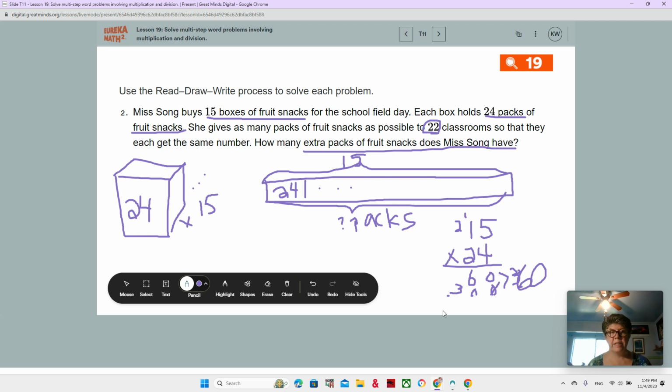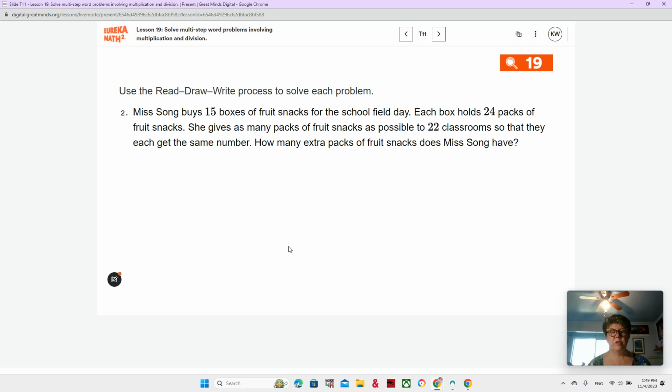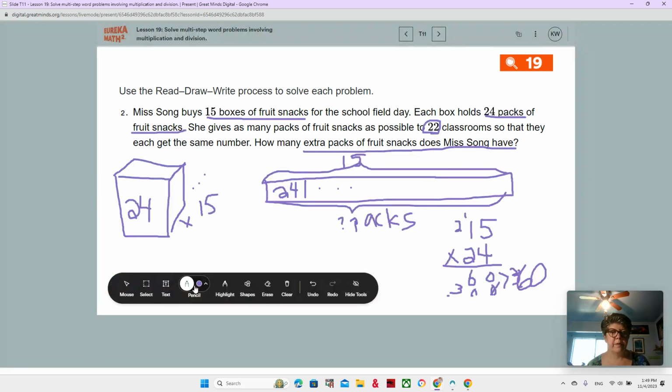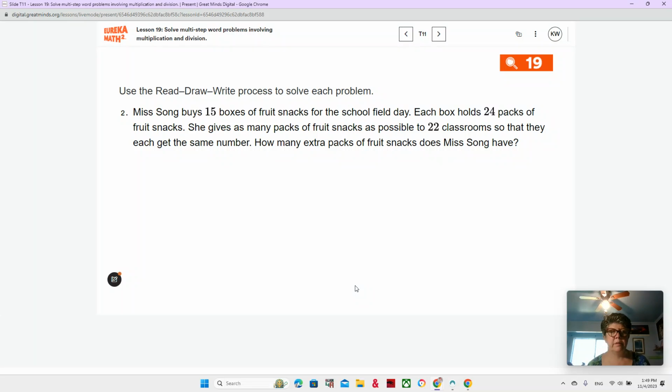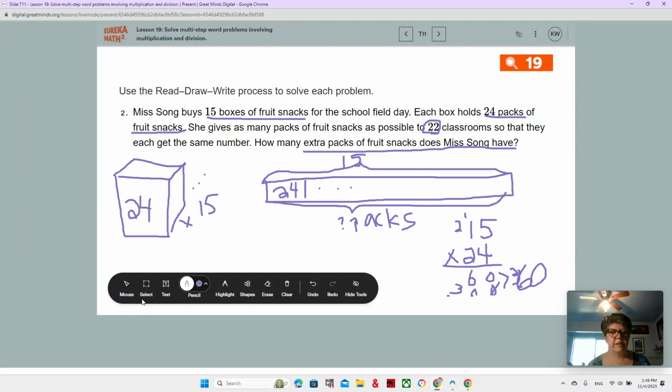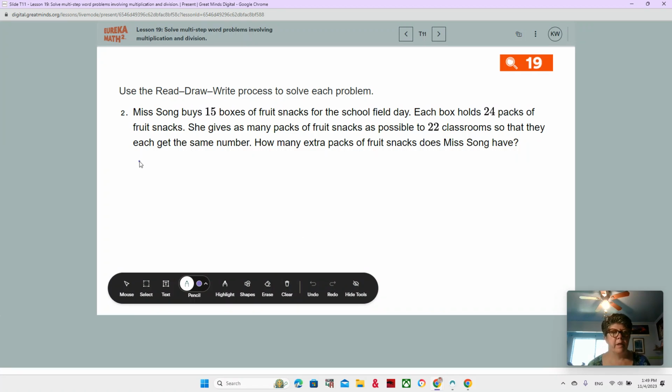So she has 360 of those little packs of fruit snacks, right? Okay. So now she has 360 packs of fruit snacks. Let's grab our pen. Oh, maybe I have to clear it. Okay, there we go. She has 360 packs of fruit snacks, and she wants to give it to 22 classrooms.